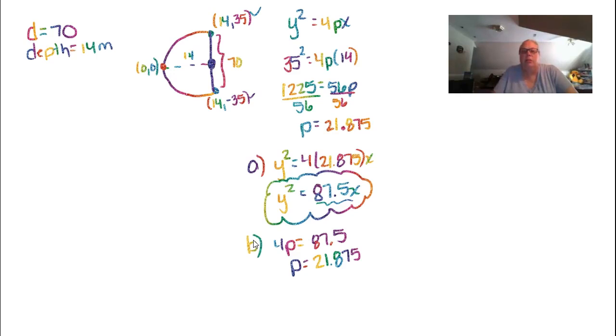Remember, it's located between the two endpoints of my latus rectum. And so that means that the receiver should be put at 21.875, 0. And here we go.